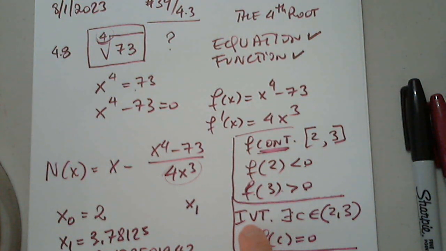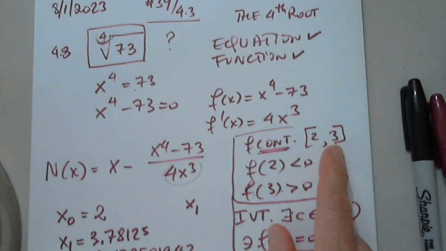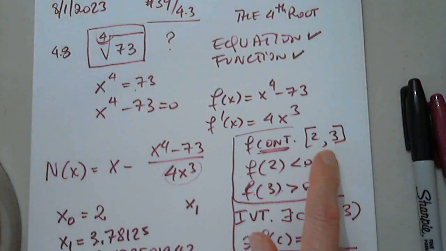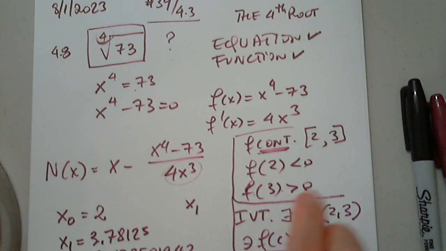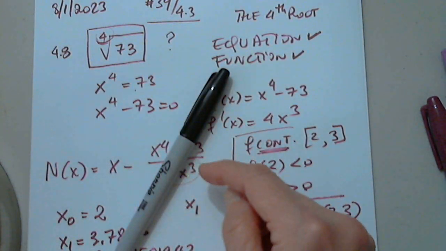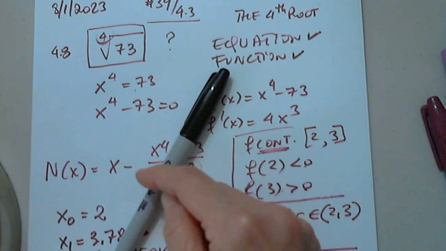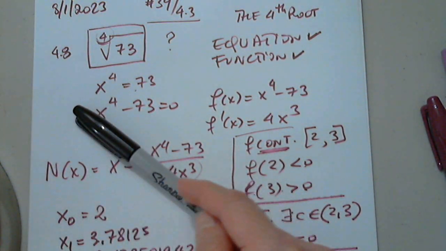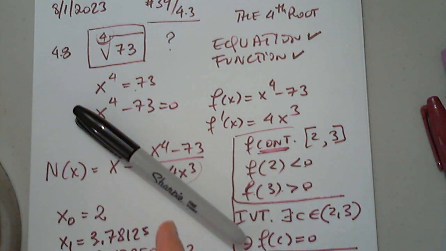Intermediate value theorem says if a function is continuous on an interval and it changes sign, it must be 0 in that interval. Because a continuous function cannot go from negative to positive without crossing at 0 somewhere. Or it cannot go from positive to negative without crossing the x-axis somewhere, because it's continuous.